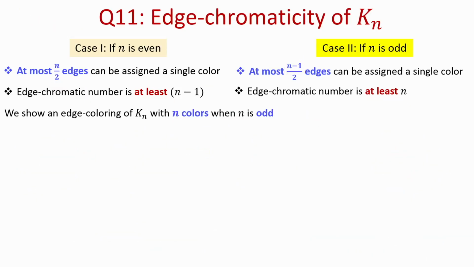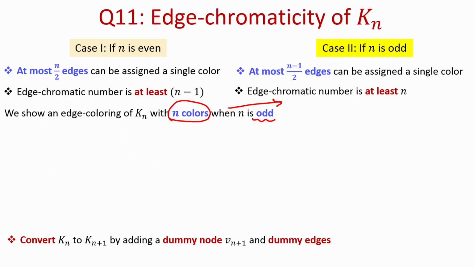Okay. Now, let us see how exactly we can color all the edges of a complete graph with n nodes where n is odd, and I will be using exactly n colors, which is optimal, because the lower bound says that for n being odd I need at least n colors.